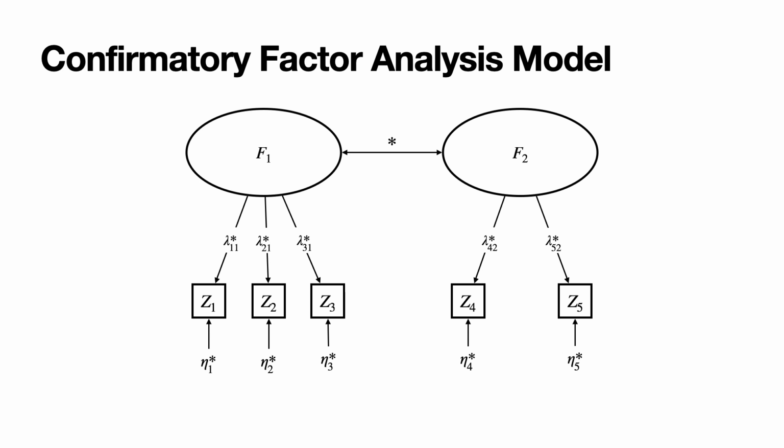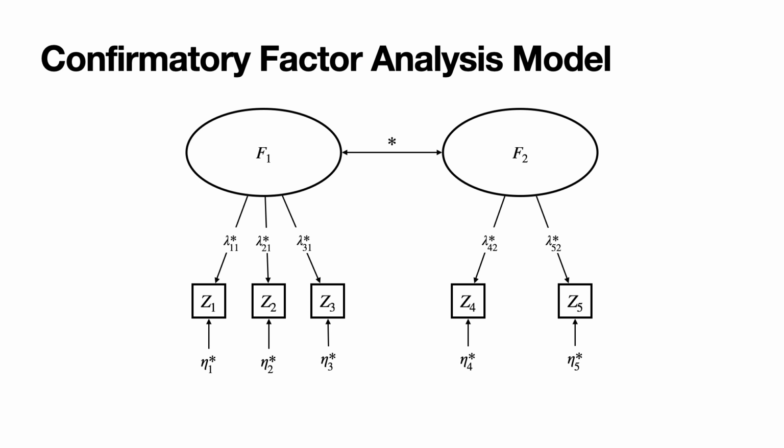And so here we have two factors, F1 and F2. Notice that in this more refined model, Z1, Z2, and Z3 are indicators of F1, Z4 and Z5 are indicators of F2, F1 is not allowed to impact Z4 and Z5, F2 is not allowed to impact Z1, Z2, and Z3. And again, when we talk about impact in this kind of context, we're talking about directly impacting.